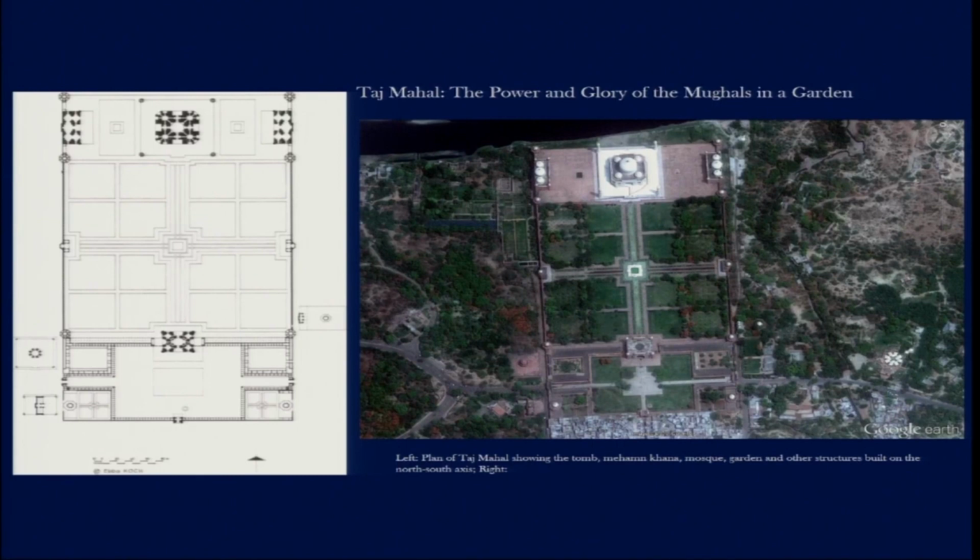Now the Taj Mahal is a structure which was built by Mughal Emperor Shah Jahan, and as we know, the Taj Mahal is also a structure which is celebrated for Shah Jahan's wife Mumtaz Mahal, but there is more to it than the Taj Mahal being a symbol of the love between Shah Jahan and Mumtaz.